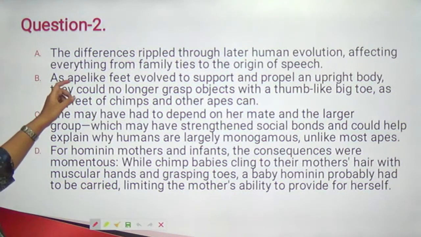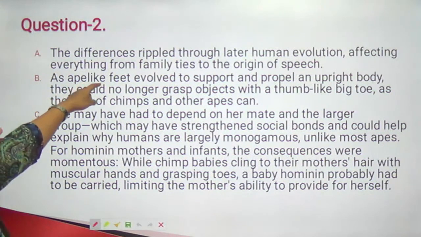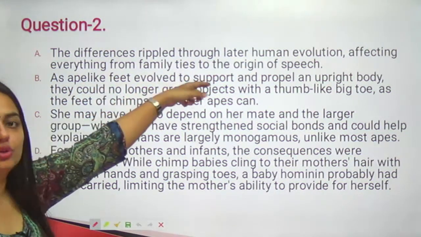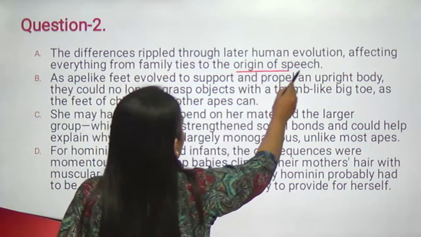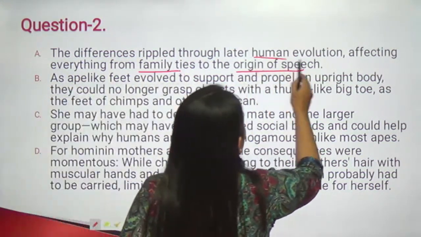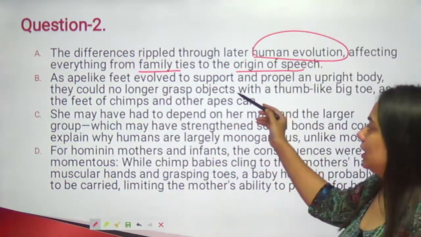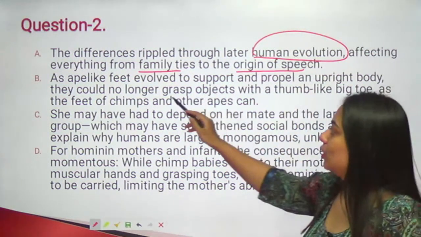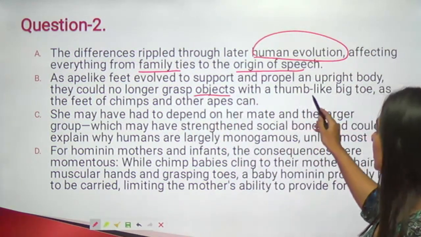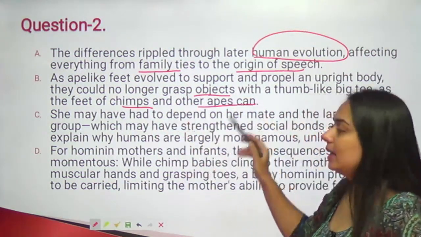The difference rippled through later human evolution, affecting everything from family ties to the origin of speech. Now, what is this passage talking about? It's talking about human evolution. So, as ape-like feet evolved to support and propel an upright body, they could no longer grasp objects with a thumb-like big toe, as the feet of chimps and other apes can.